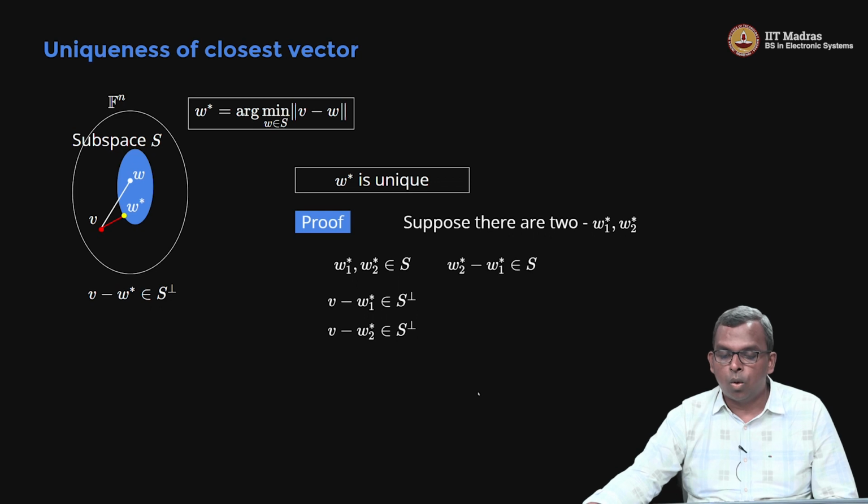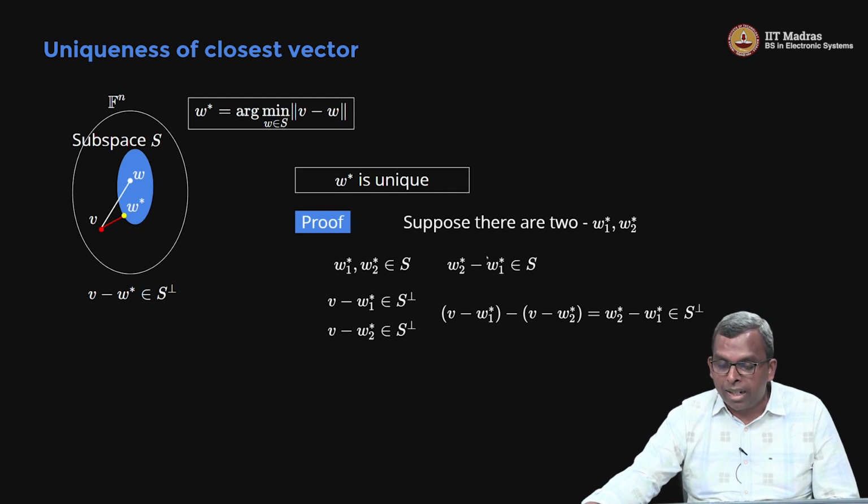Notice what happens if W1 star and W2 star are in S, then W2 star minus W1 star has to be in S, right? If you subtract these two, the difference has to be in S. Now, again, the difference of V minus W1 star and V minus W2 star, which are in S perp, will also be in S perp. If I subtract these two, V will cancel and you will get only W2 star minus W1 star.